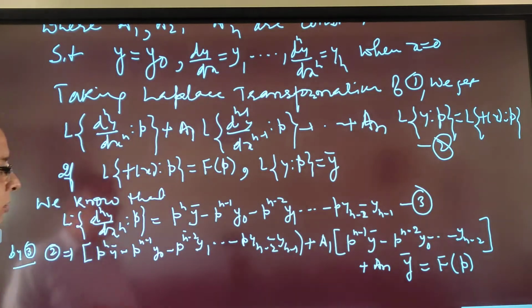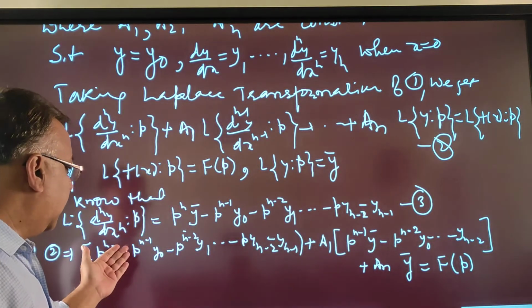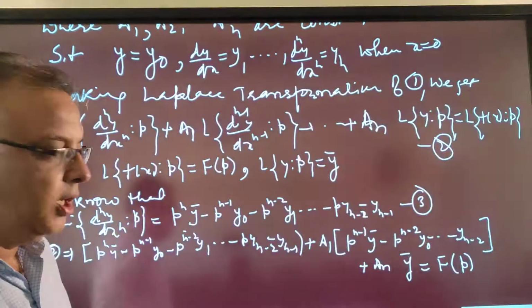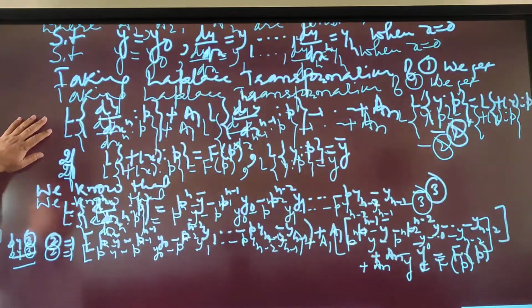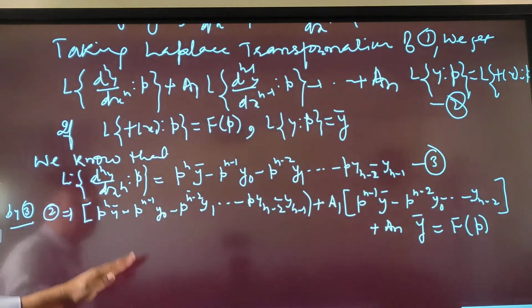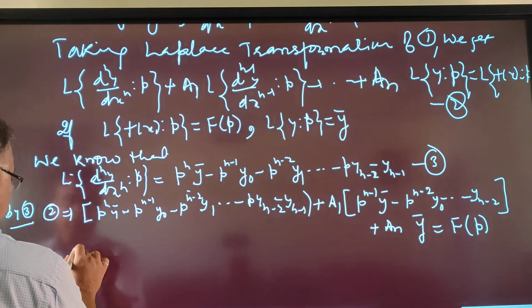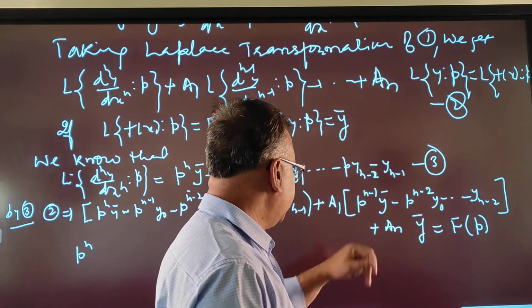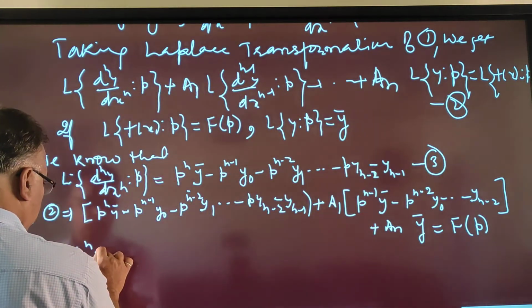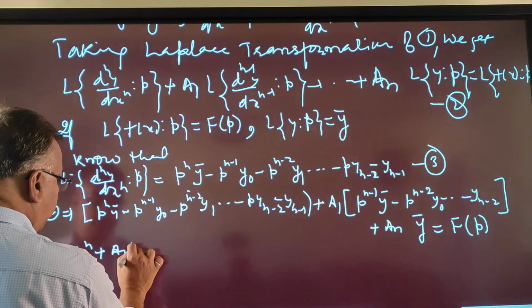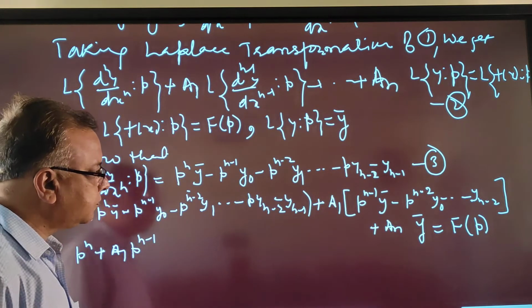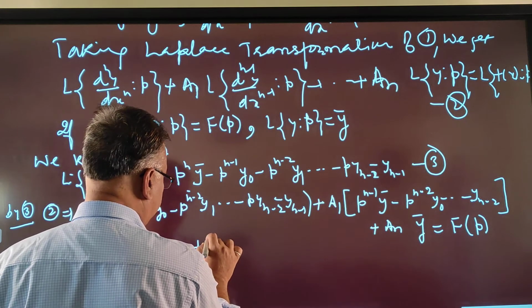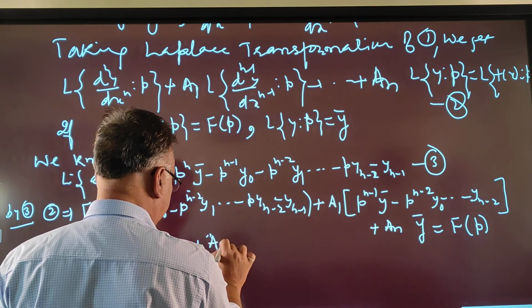Now, collecting the coefficients of y bar and the remaining terms, we get p raised to n. From here, this is a1 into p raised to n minus 1 plus so on, and the last term is an.